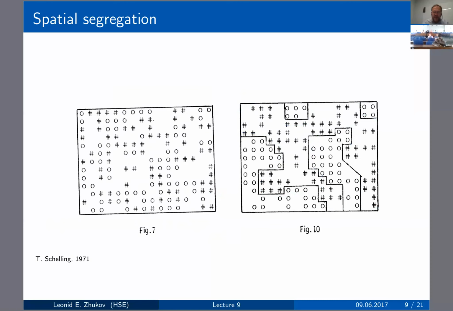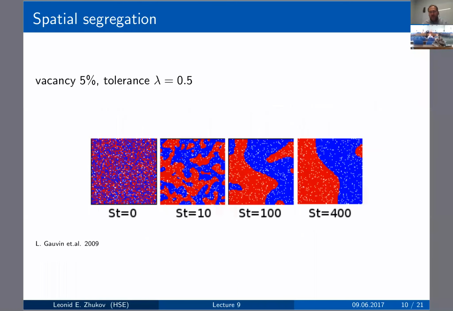Of course, today, we can do it on a computer, and here is an example. And by the way, so you wouldn't think that this is old, the original paper is 1970, and people are actually still looking at this model a lot, and this is a paper of 2009. So what we see here is the initial state at time equal to 0.